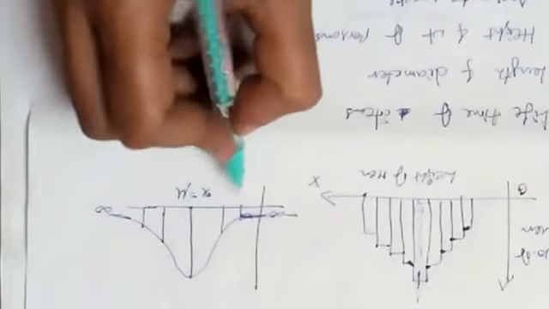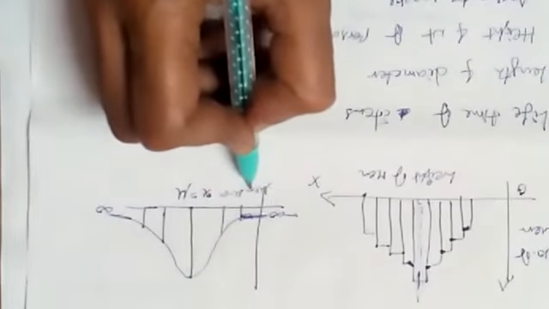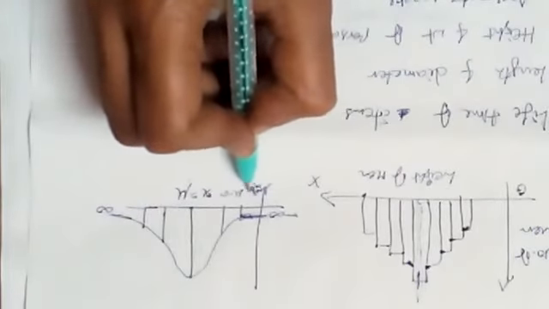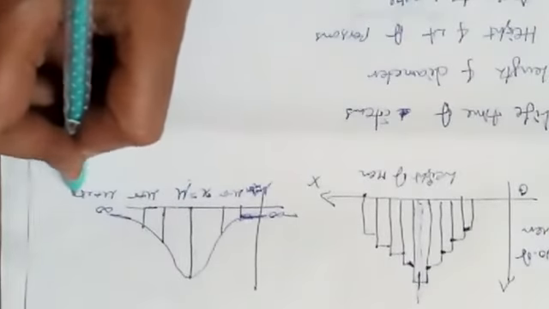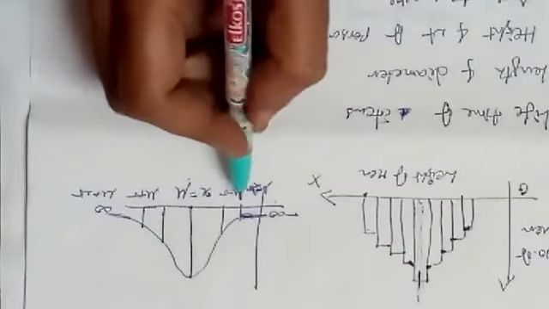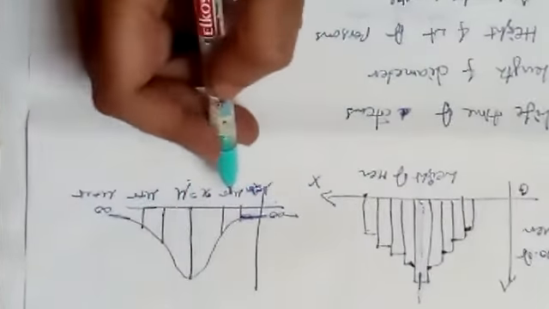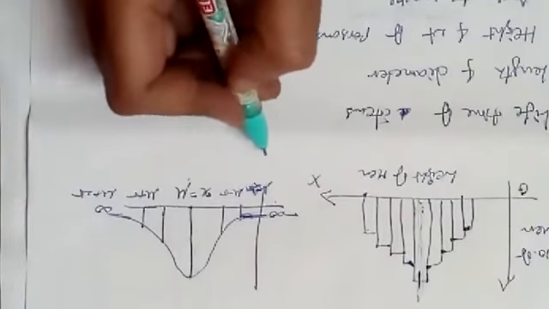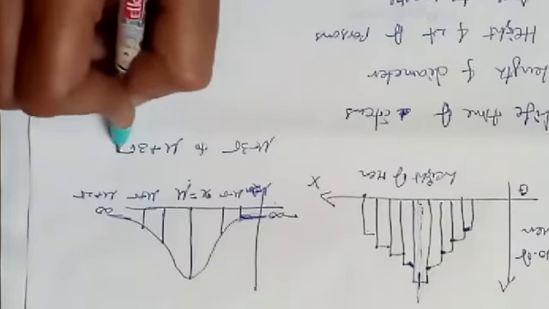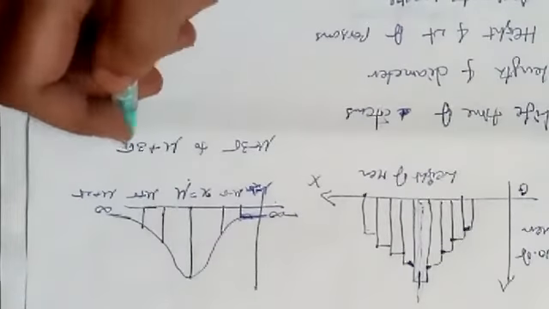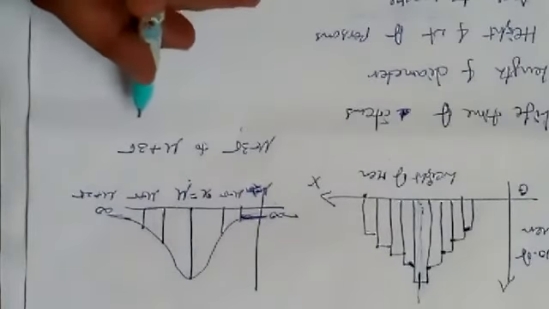So this is the left part, so you can write here mu minus sigma, and the next one mu minus 2 sigma, and here mu plus sigma, and the next mu plus 2 sigma, like that it is continuing. So the limits of this distribution curve are from mu minus 3 sigma to mu plus 3 sigma. So the area under this curve lies between mu minus 3 sigma to mu plus 3 sigma.